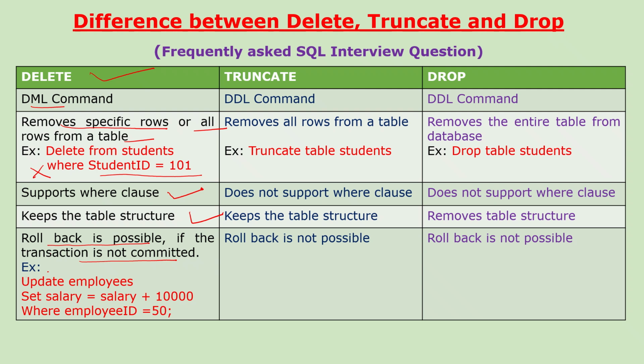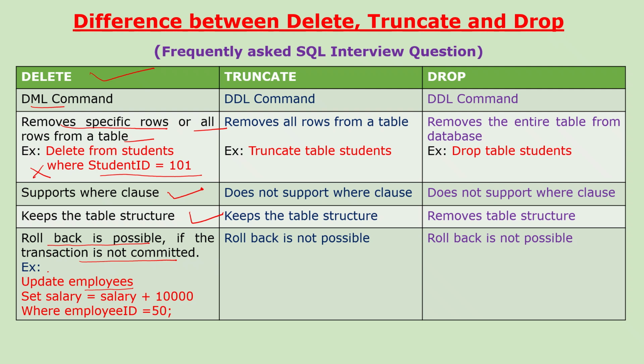So what is rollback? For example, let us consider an employee table. I want to update the salary of a particular employee. For that, I can write the SQL statement: update employees set salary equal to salary plus 10,000 where employee ID equal to 50. If we run this query, it will update the 50th employee's salary.